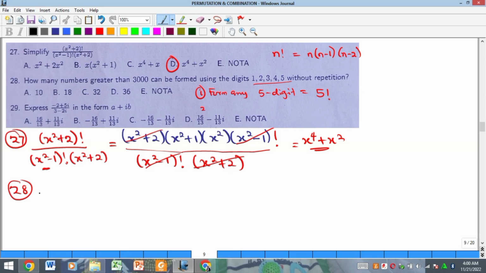So the next way we can get a number that is greater than 3,000 is to form a 4-digit number, but the 4-digit number we are going to form must begin with a number that is greater than or equal to 3. So from here now, we can pick 3, 4, or 5.